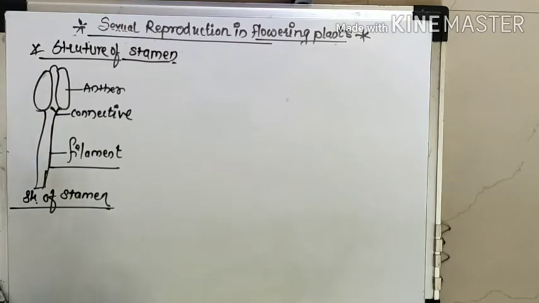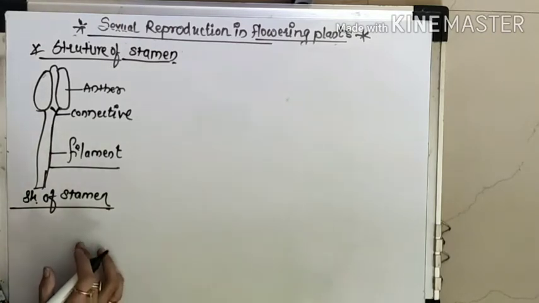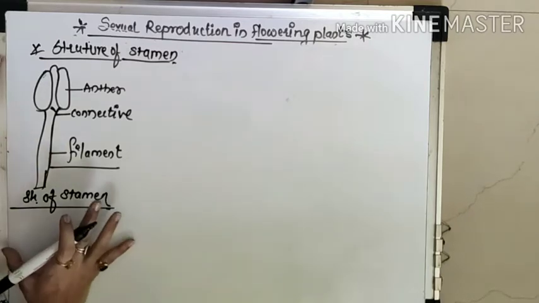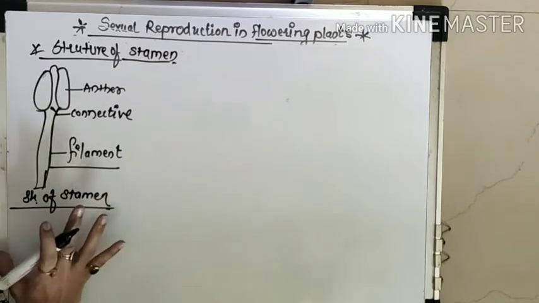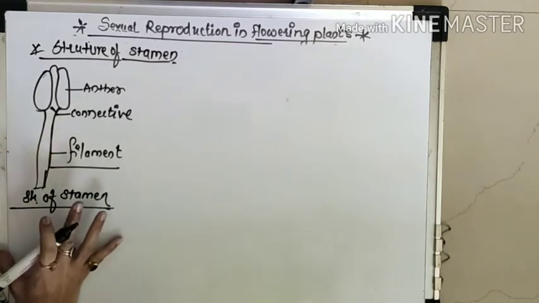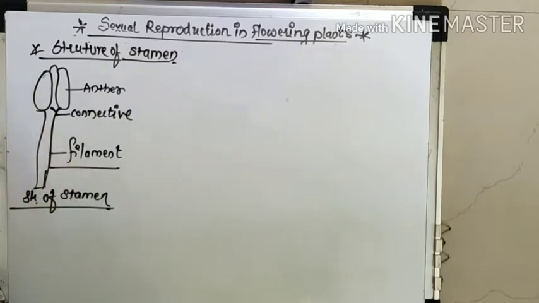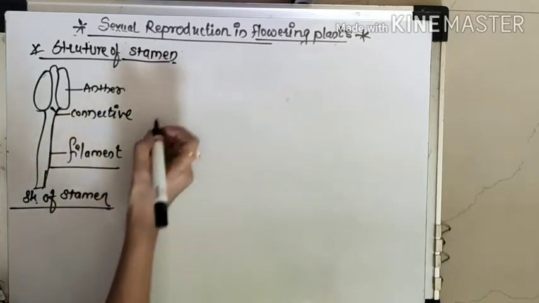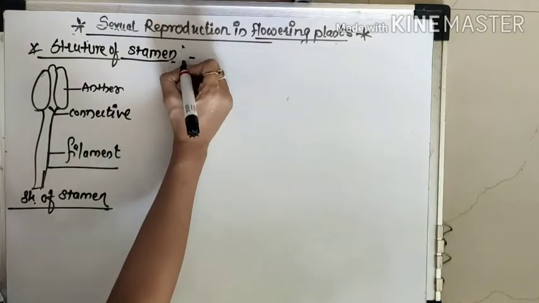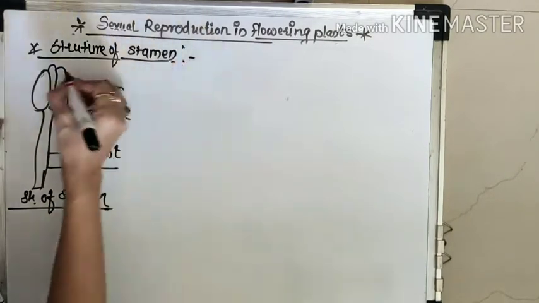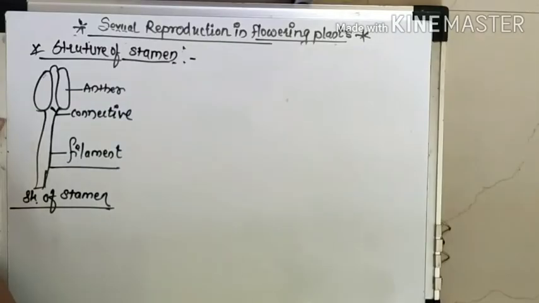So now we will see the actual structure of the stamen. As we know, the androecium is the male reproductive floral whorl. It has a definite number of individual members, called stamens. So this is nothing but the male reproductive part of the flower.